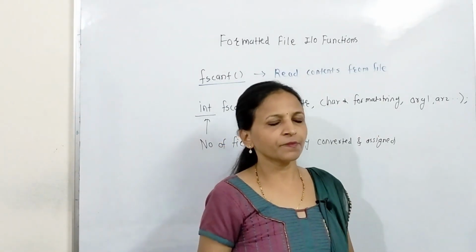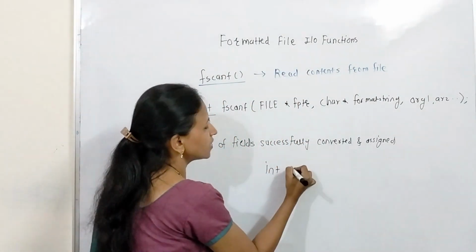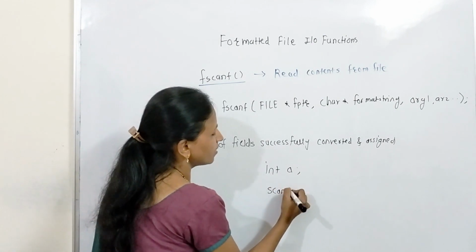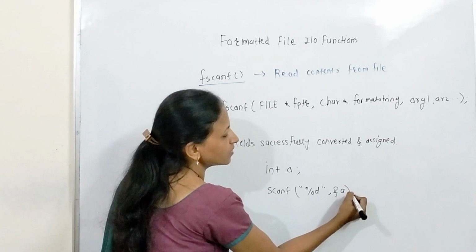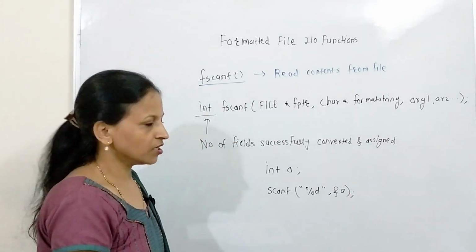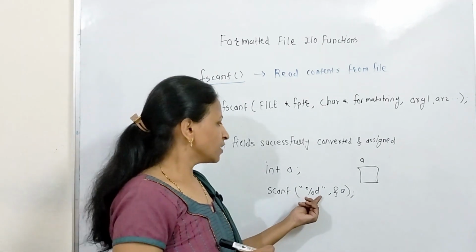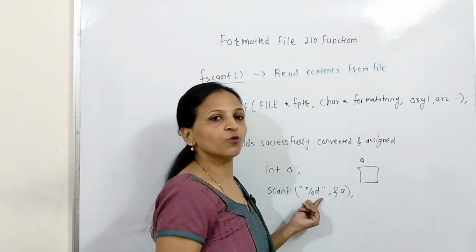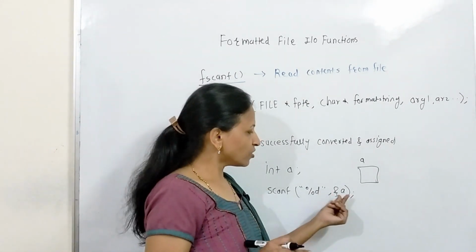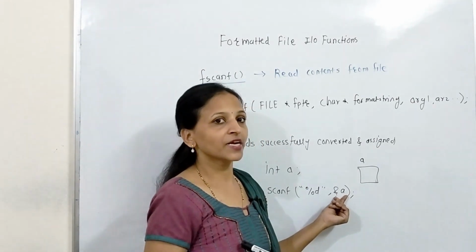I want to accept one integer value from the user. How do we use the scanf function in this way? Integer a, and we use scanf, then %d, comma, ampersand a. It will accept something from the keyboard. Let's say the user has entered 23. Then that will be converted to an integer, because we have mentioned %d here, and that will be stored inside a, because here we are passing the address of a.